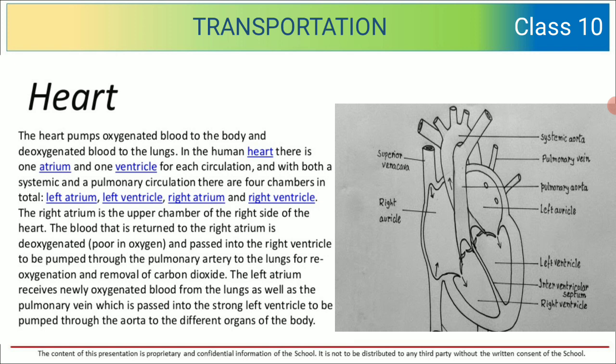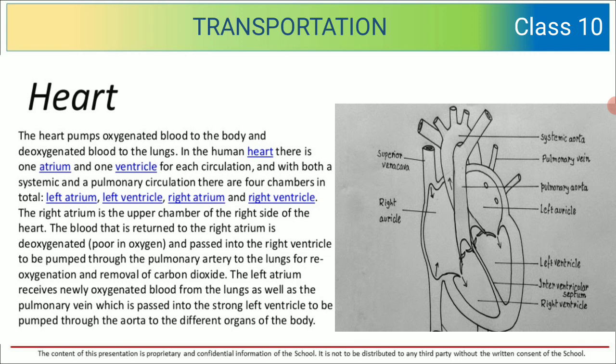The right atrium is the upper chamber of the right side of the heart. The blood that is returned to the right atrium is deoxygenated and passed into the right ventricle to be pumped through the pulmonary artery for oxygenation and removal of carbon dioxide.